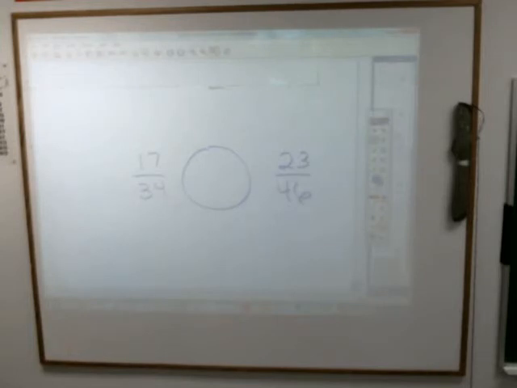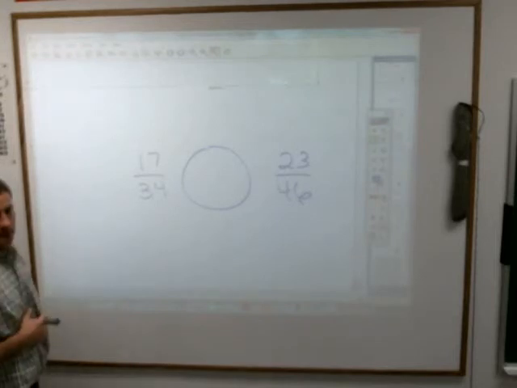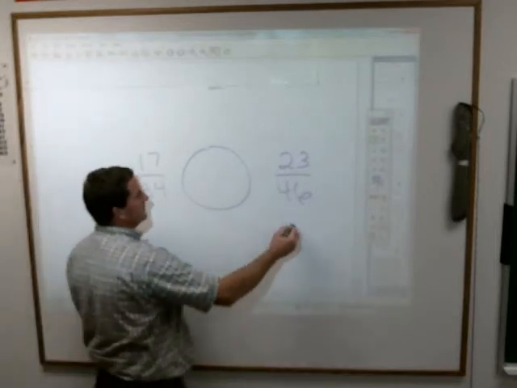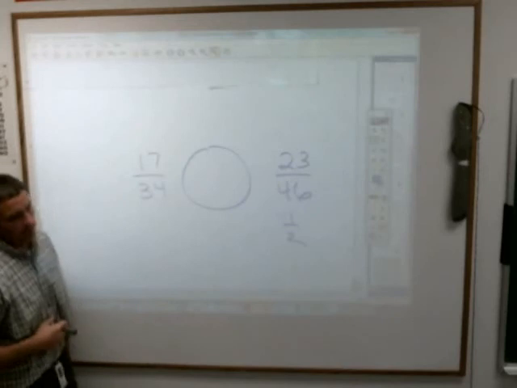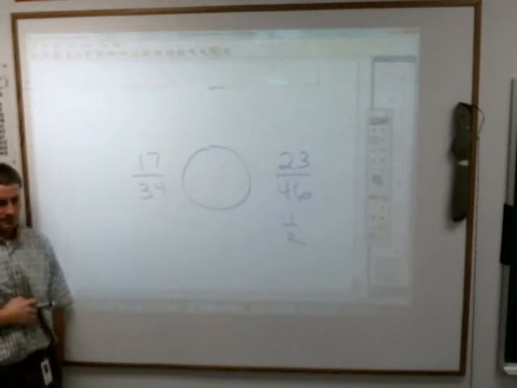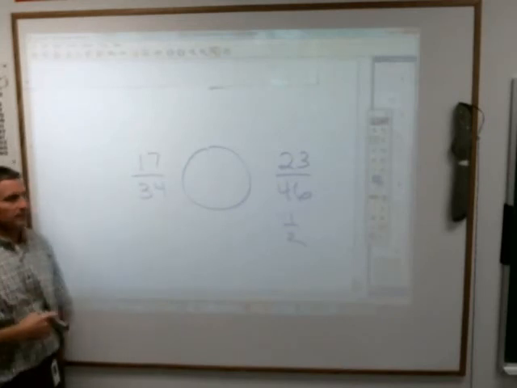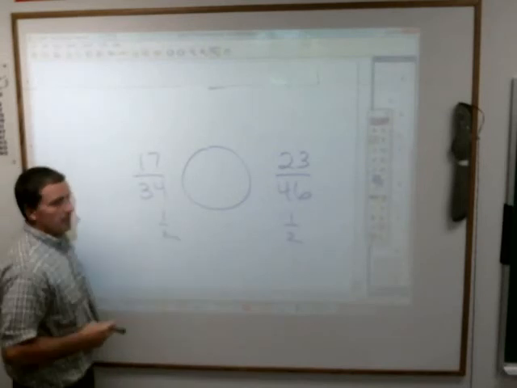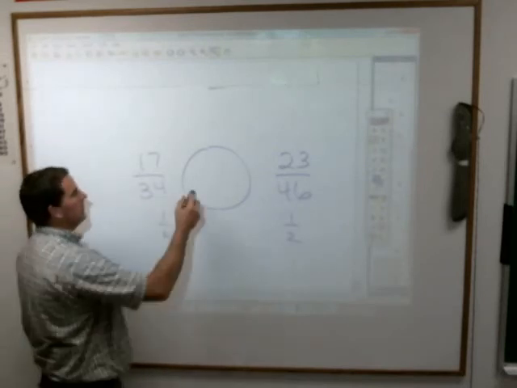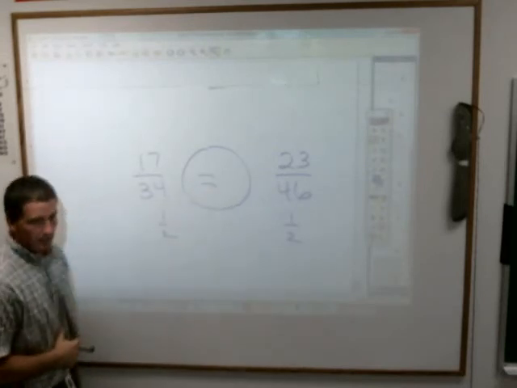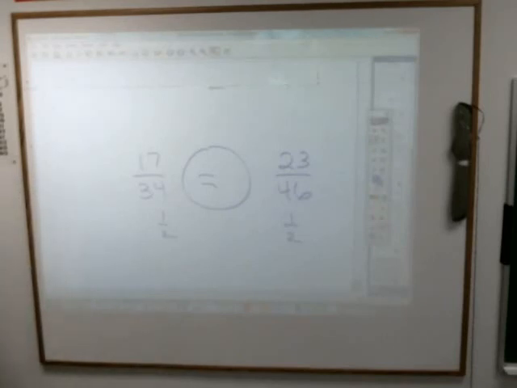Less than. Why less than? Because 23 is half, so this is the same as a half, right? And 17/34 is, oh, that's it. 17/34 is a half, so they are in fact equal. And why do you care, Kate? Because I want to get a good grade. Because you want to get a good grade in math.